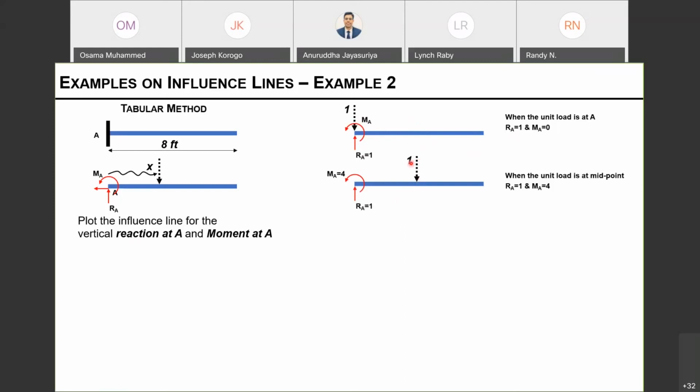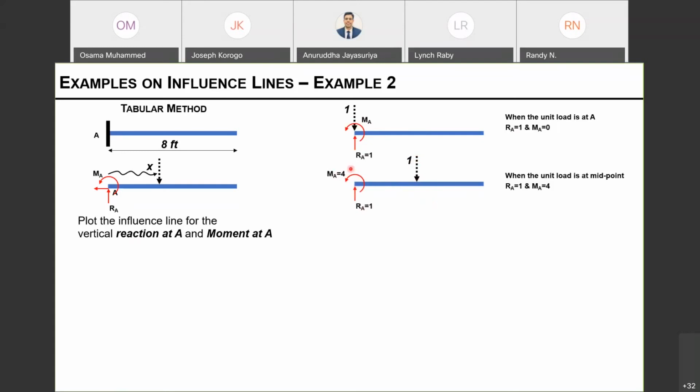Now, as I move this load away from the support, it's generating some moment because I'm creating some lever arm, or moment arm, as I move my unit load from A to elsewhere. Let's say this is at midspan, and the reaction at A is going to be 1 because I need to maintain the vertical equilibrium.